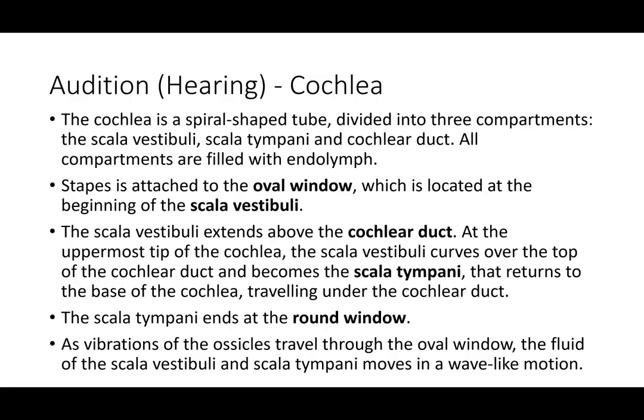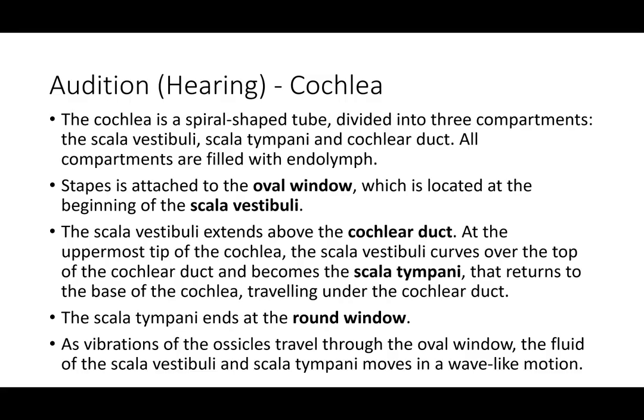The stapes, that little bone, is attached to something called the oval window, which is located at the very beginning of the scala vestibuli, which will then extend above the cochlear duct. We'll see a graphic of this in just a moment on the next slide. At the most upper tip of the cochlea, the vestibule curves over the top of the cochlear duct and becomes the scala tympani, which returns all the way to the base of the cochlea, traveling underneath the cochlear duct.